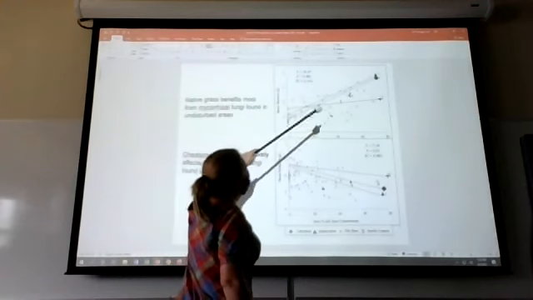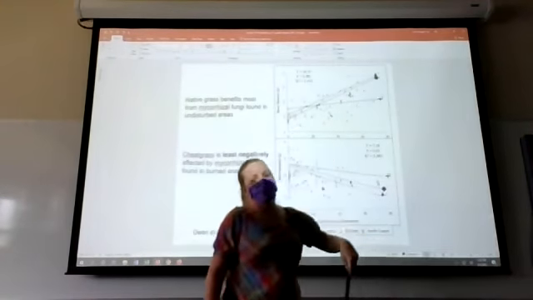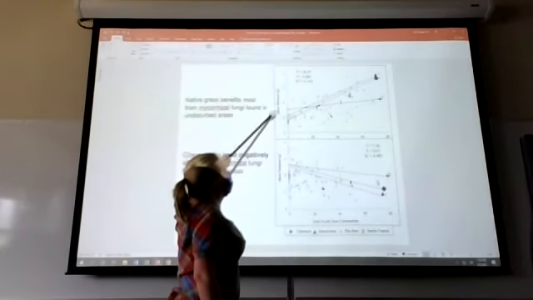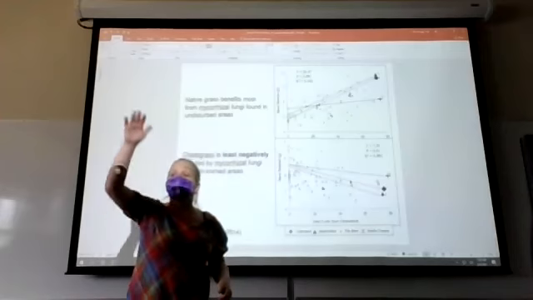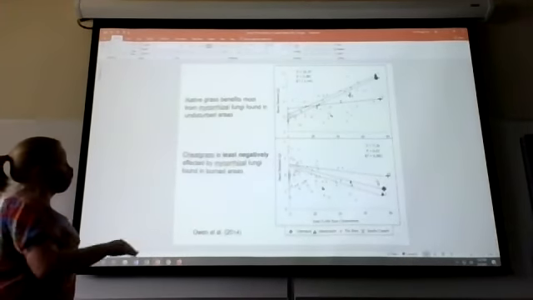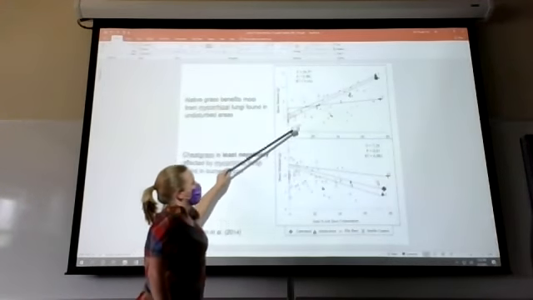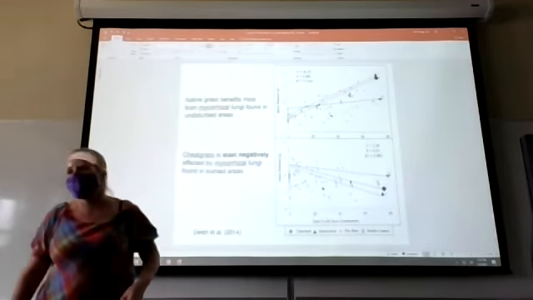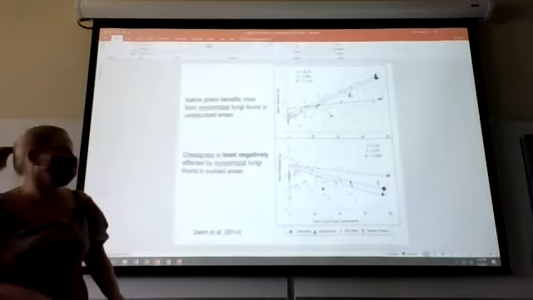But when they had their more natural, undisturbed conditions, they found that native grasses actually got bigger. They had higher shoot biomass. The more mycorrhiza they had, the bigger the plants got. But when we compare that to what the invasives had, we see that the more mycorrhizas there were, the smaller the plants.